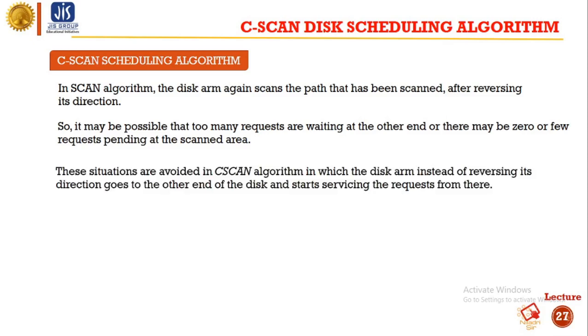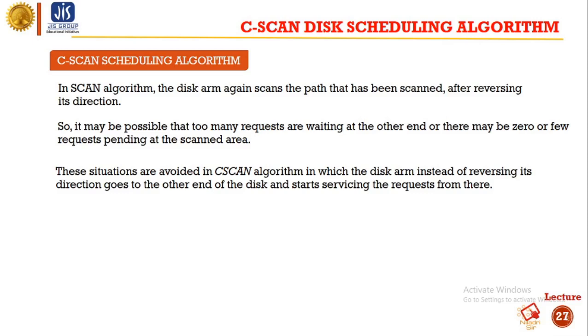These situations are avoided in the C-SCAN algorithm, in which the disk arm, instead of reversing its direction, goes to the other end of the disk and starts servicing the requests from there. Circular SCAN is an improved version of the SCAN algorithm.